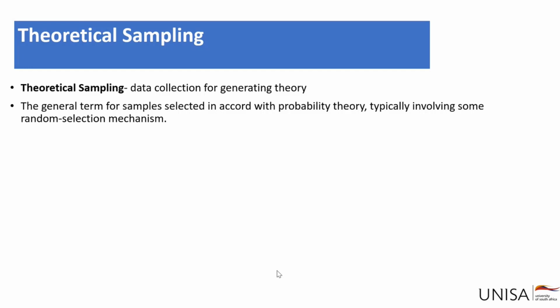The one is simple random, the other is systematic random, cluster random, theoretical random, and stratified. So basically all of them are random.